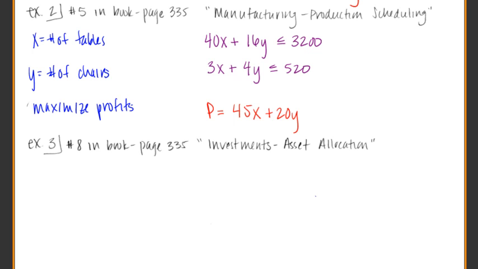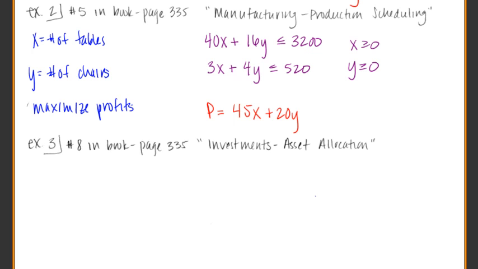Looks like we have all of our information used up. All the profit stuff is with the profit equation. All the hours are with the hours inequality. All the feet of wood is with the feet of wood inequality. And last but not least, just like we did before, x has to be greater than or equal to 0, because you can't create a negative number of tables and you can't create a negative number of chairs. And there you go.